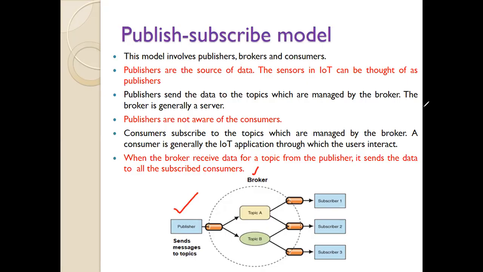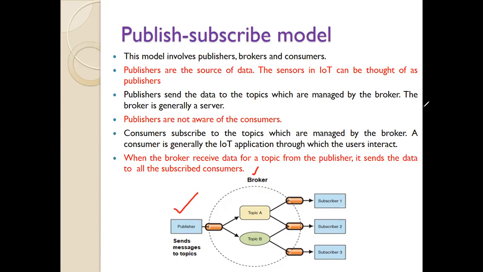Generally, the broker is a server, and the publisher is not aware of the consumer or subscriber. Consumers are the subscribers. Consumers subscribe to the topics which are managed by the broker. A consumer is generally an IoT application through which the user can interact.